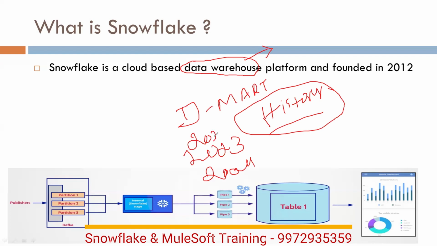These years of data we are going to store in data warehouses. Data warehouses, we mainly store for historical data. So why this historical data? For data analytical purposes.